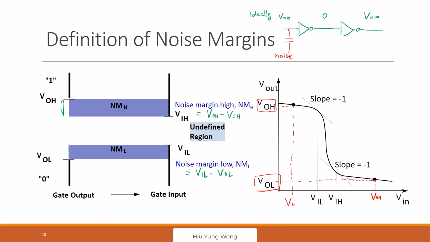This is VOL. Maybe confusing, right? We're talking about input. Why do we have output? This is just the value. The value equal to VOL as the input. Yeah, that's how I understand it. You can rotate the axis by some degrees, so the x-axis becomes y, y-axis becomes x.